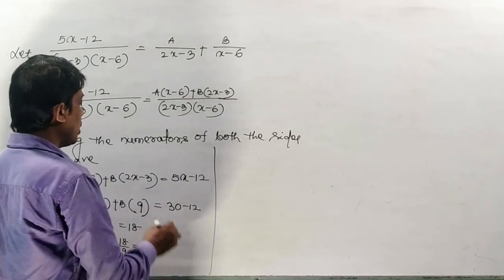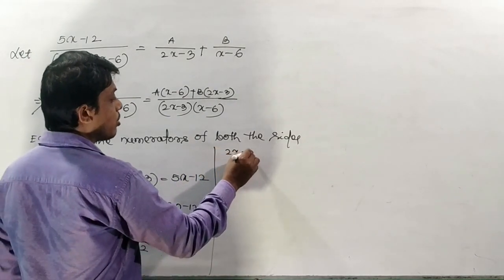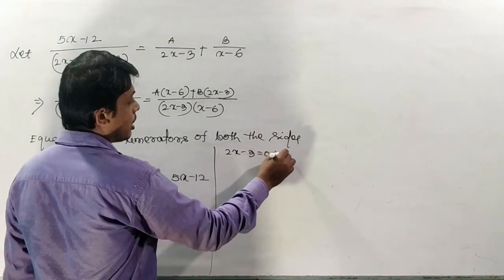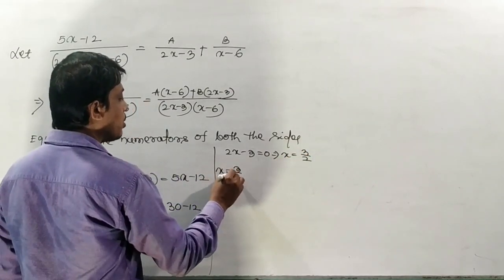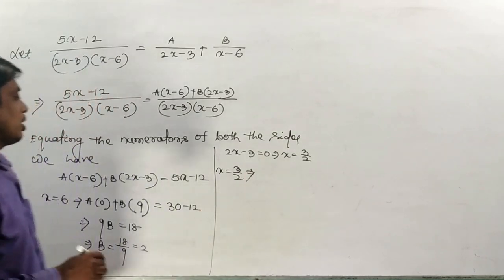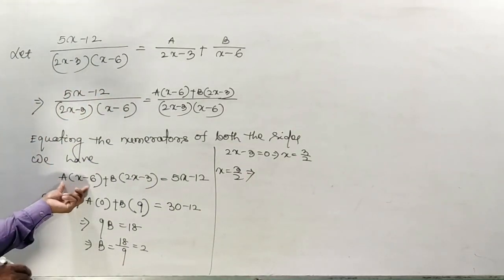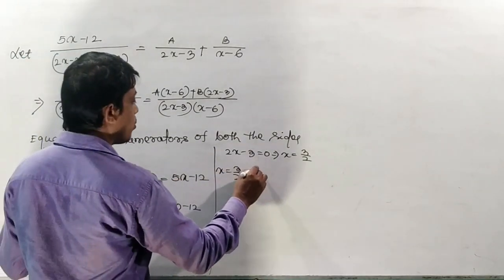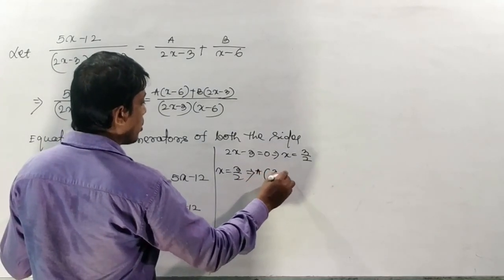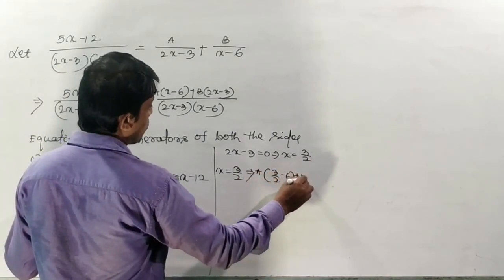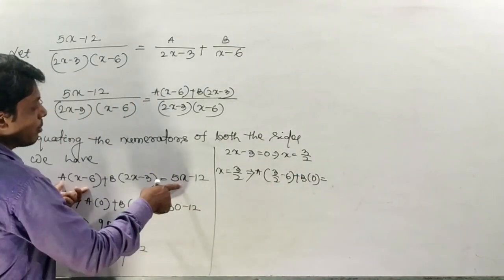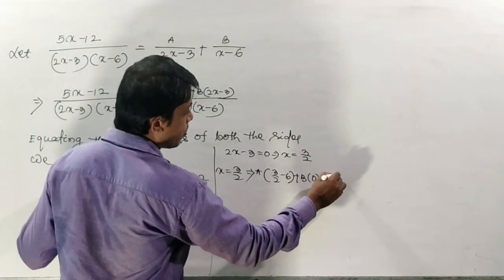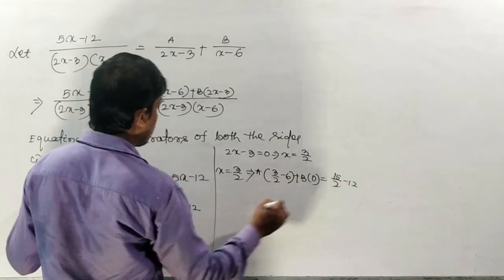Then if we equate 2x minus 3 is equal to 0, then x will be 3 by 2. So if x is equal to 3 by 2, then this will be a into 3 by 2 minus 6 plus b into 0 is equal to 5 into 3 by 2, which is your 15 by 2 minus 12.